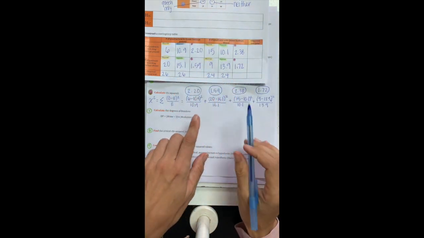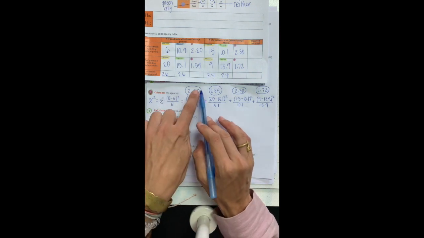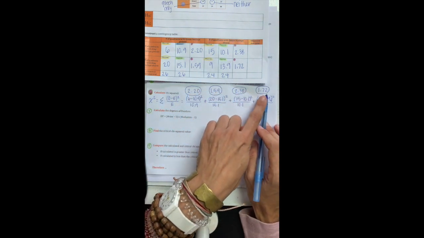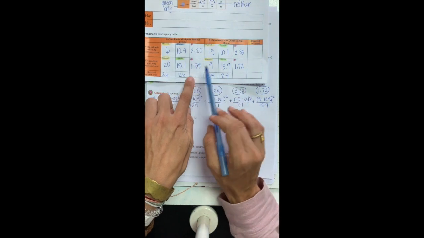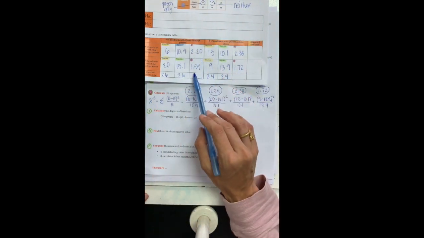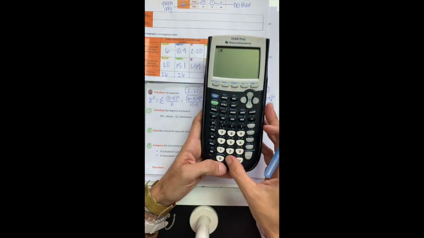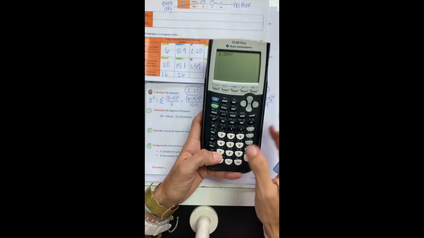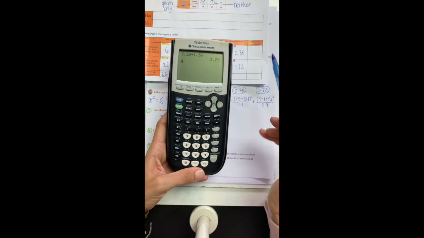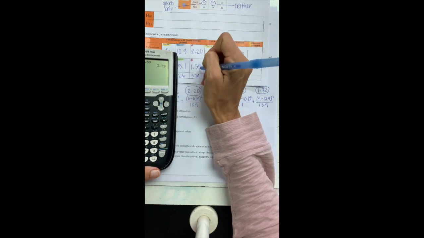Now, the nice thing about chi-squared is that we want to figure out the sum, so it's each one of these added together. We can even do this in our calculator. Let's take the 2.20 plus the 1.59, which equals 3.79, so that's both of those together.